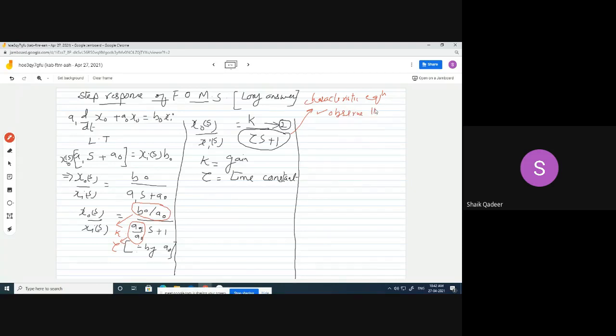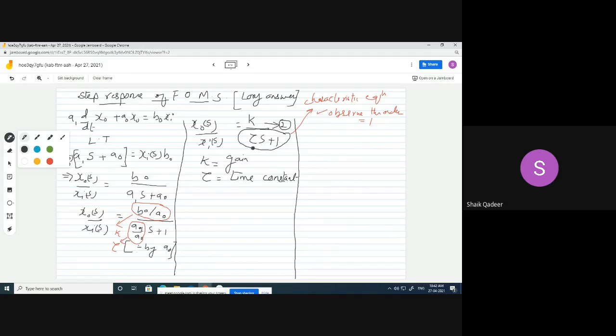Observe the order. It is equal to 1. Therefore, this is a first order system. You see the order of the S term is equal to 1.